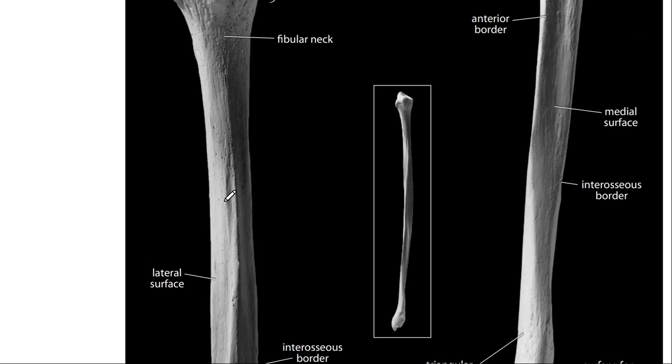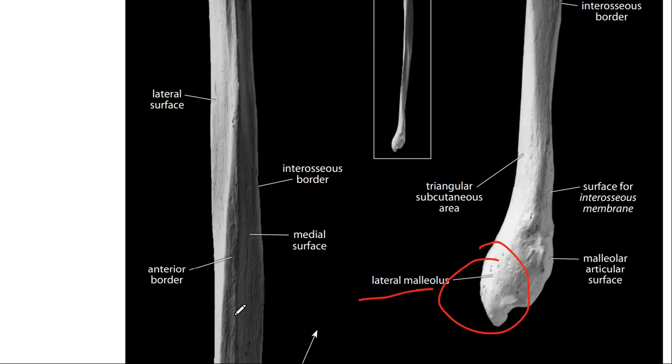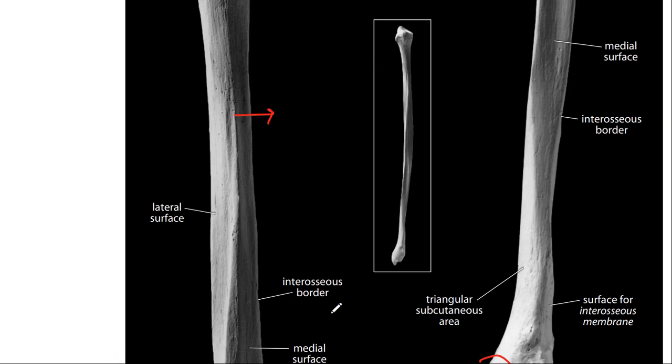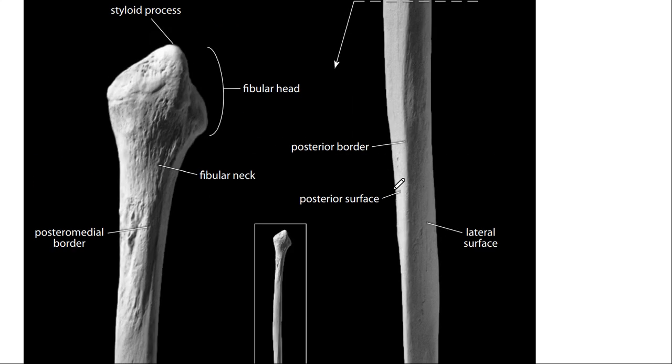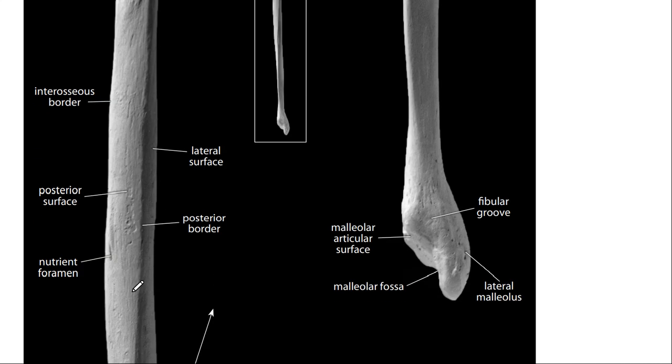Then with respect to the shaft, there's a very oblique, thin and prominent ridge going through the shaft, which is observed on the anterior surface. If you look at the posterior surface, this ridge is not that sharp, not clearly pointed or in the center of the bone.